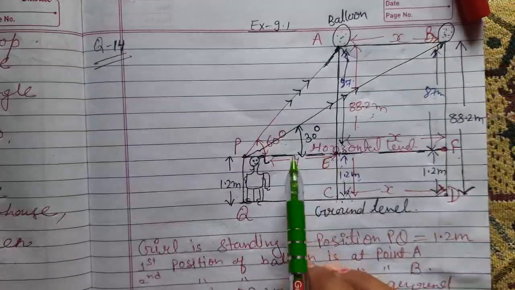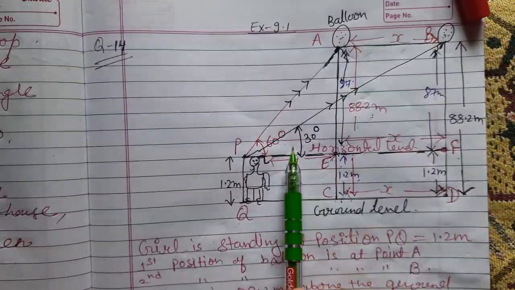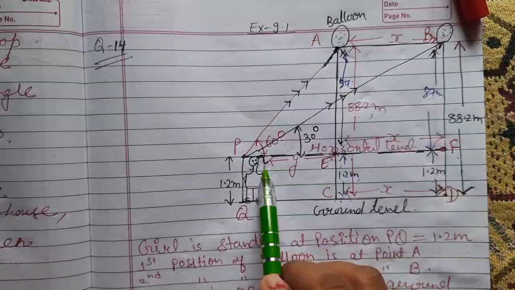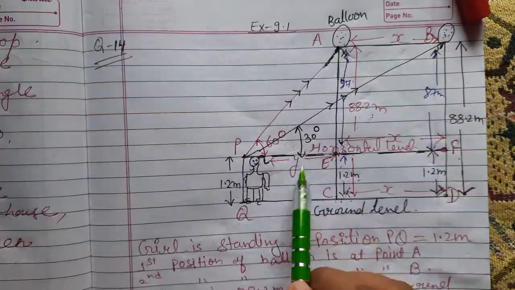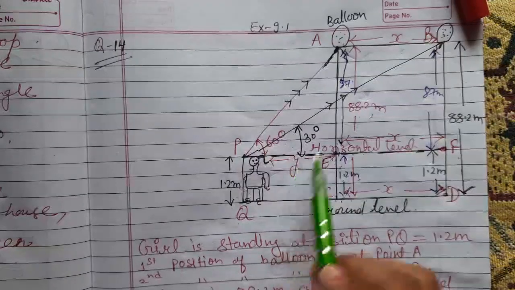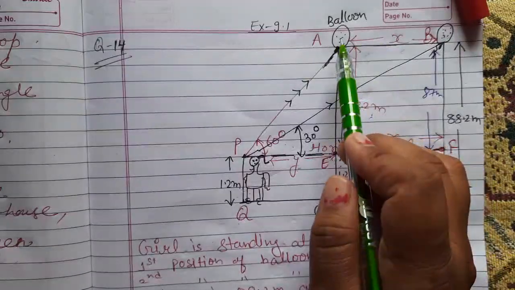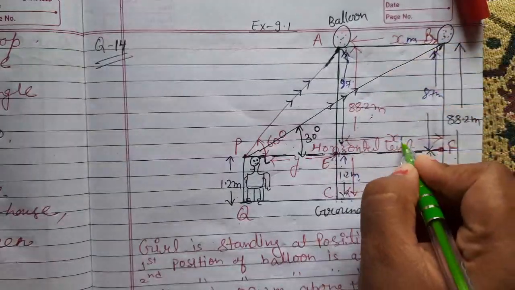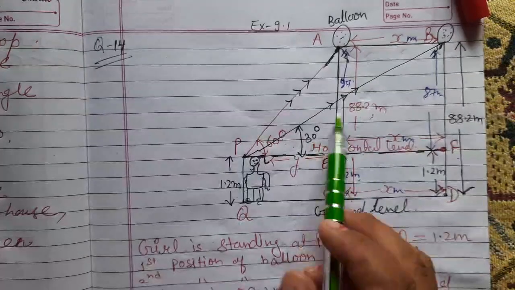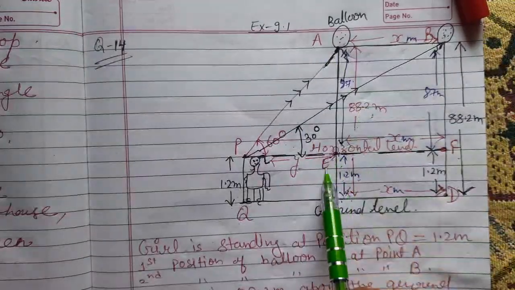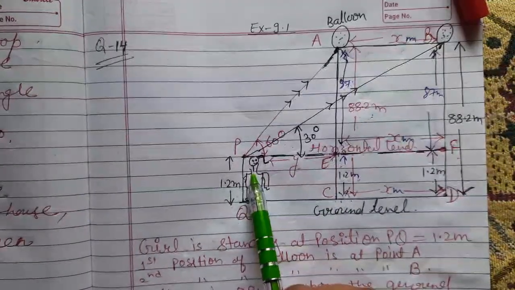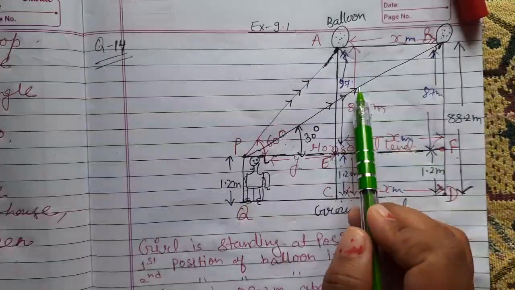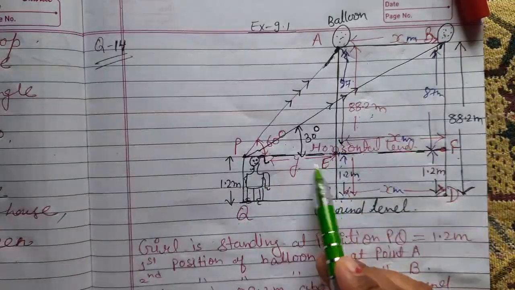Now first we will apply the tan theta ratio in the triangle AEP. This distance I am considering as y, and the distance traveled by the balloon from point A to point B I am considering as x meter. In triangle AEP, the angle of elevation is given, and the height of the balloon from the horizontal level, 87, is given. We can easily calculate y, the base.